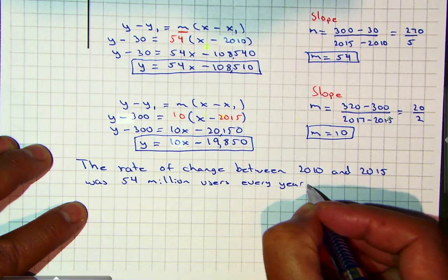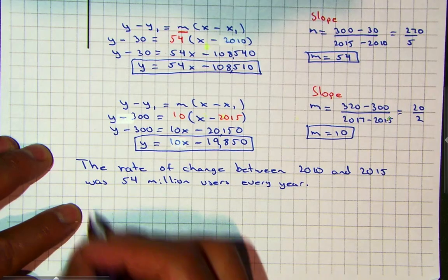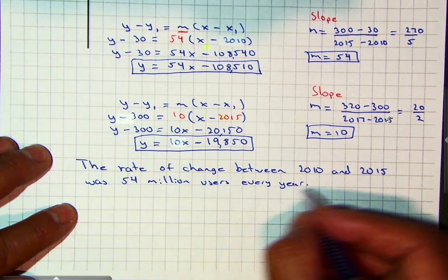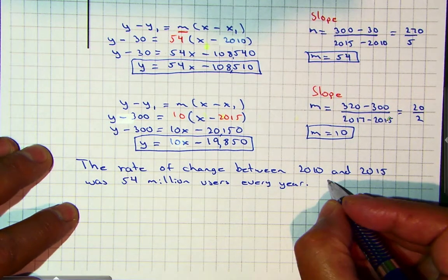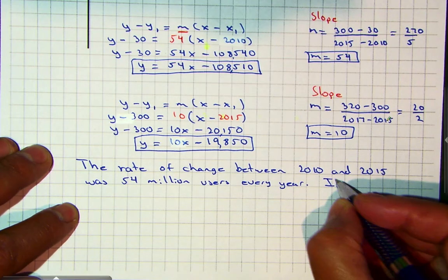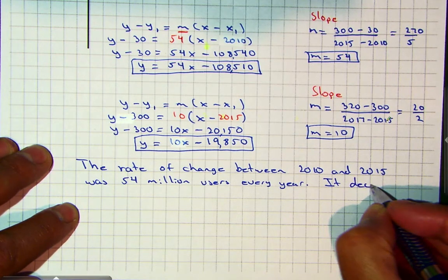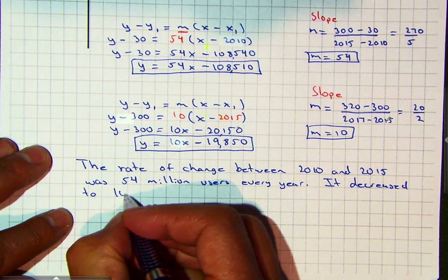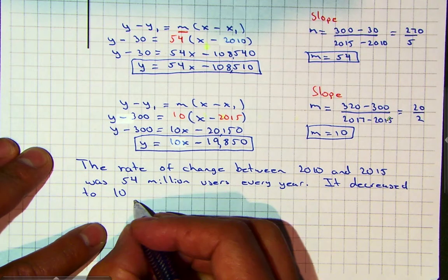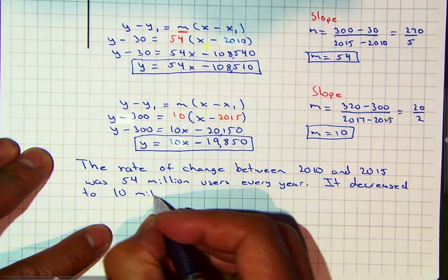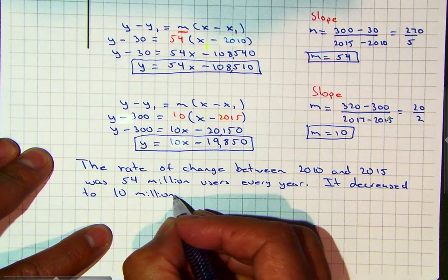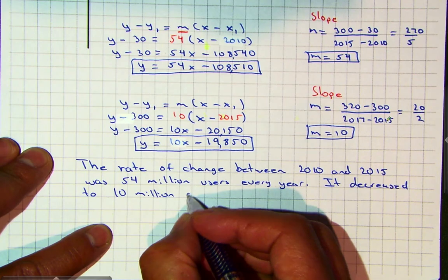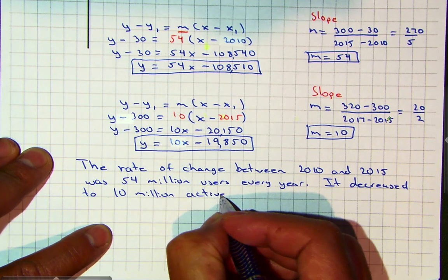It is per year. And the same thing, the rate of change decreased to 10 million active monthly users per year.